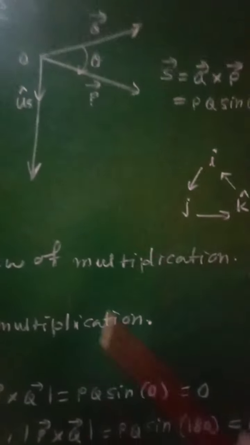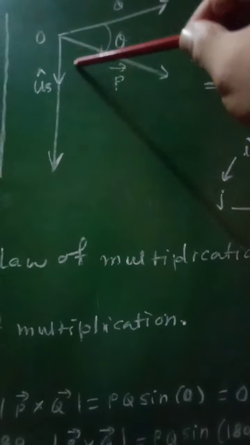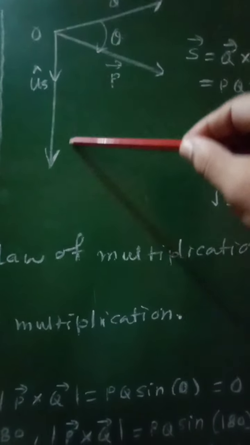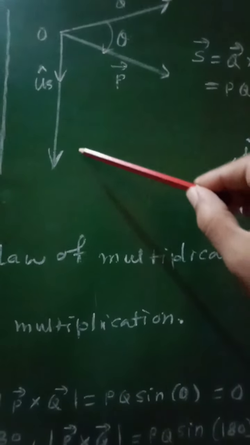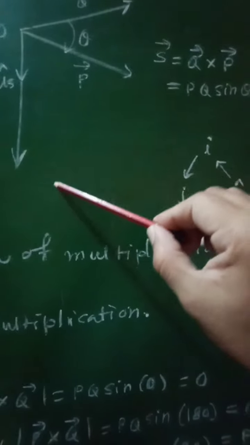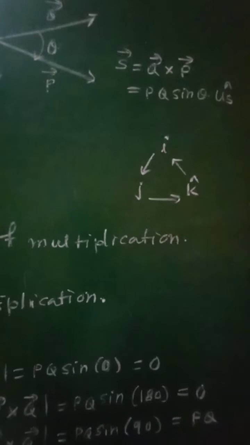So in this case the tip of the screw will proceed in the downward direction, and therefore the vector S will be directed in the downward direction.